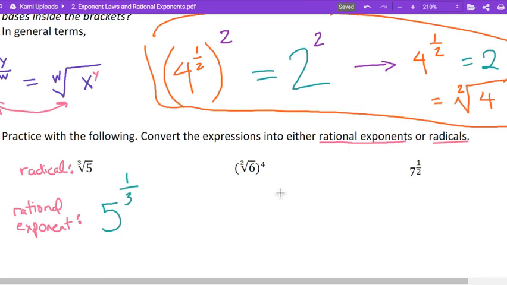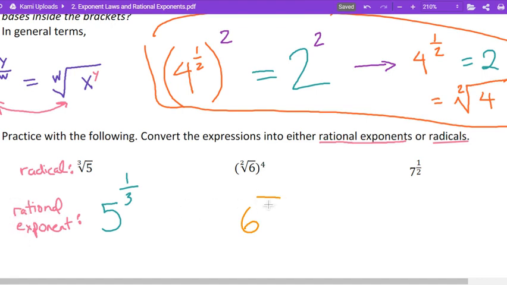Similarly, in the second case, we're given the expression in radical form, so we need to write it with a rational exponent. Once again, the radicand, the 6, becomes the base, and then we have a fraction.